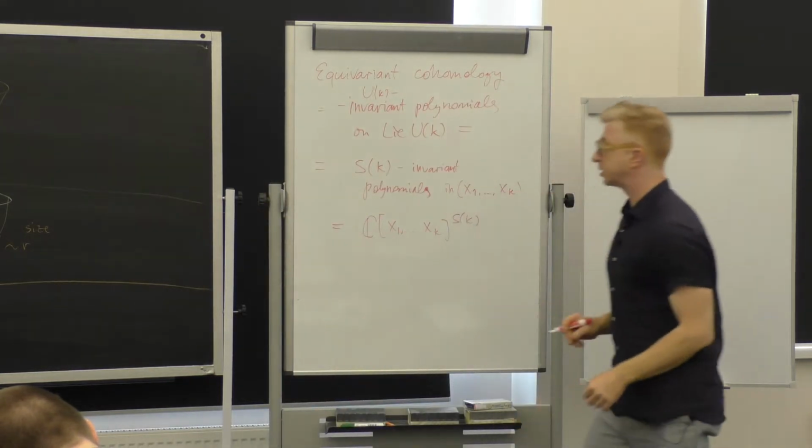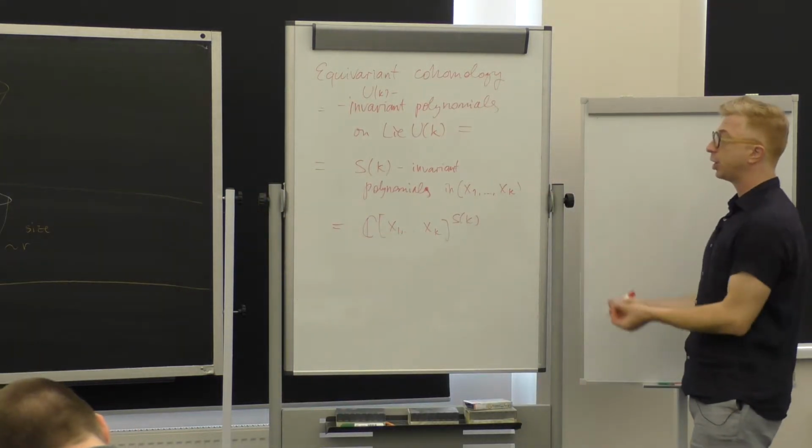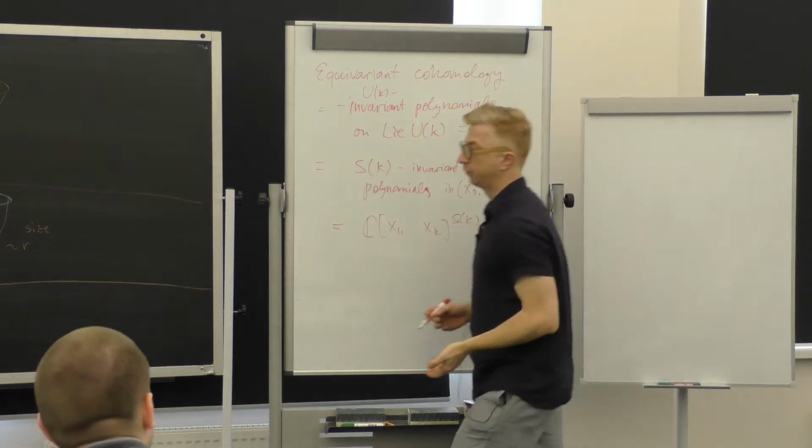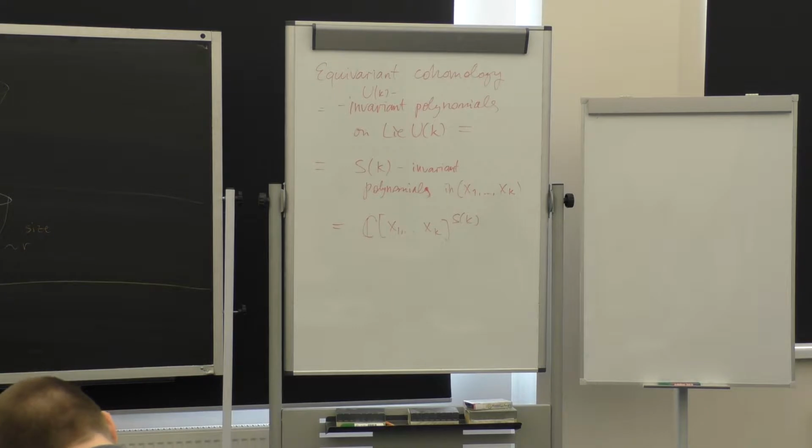So these k variables are the virtual Chern roots of vector bundles with the structure group UK.